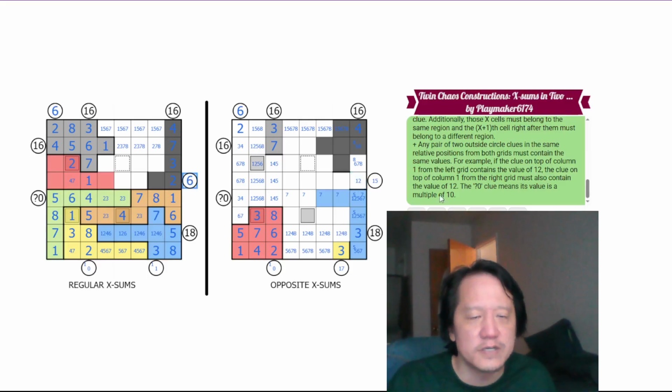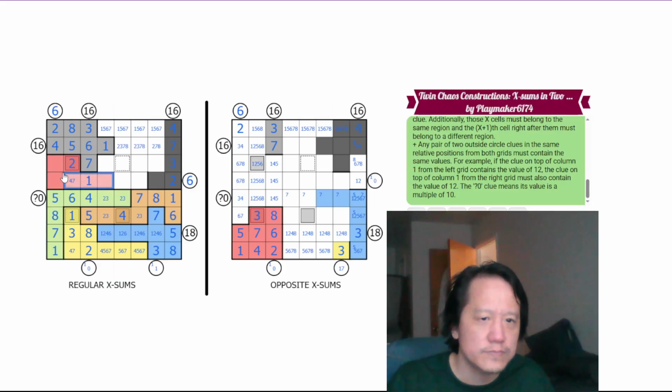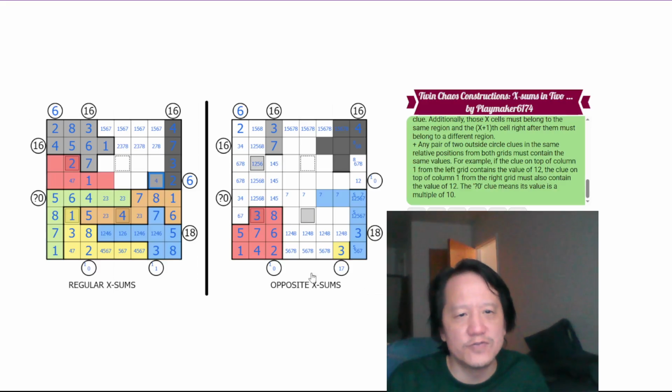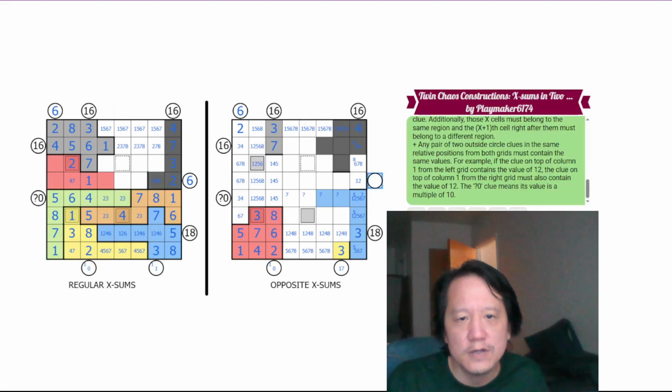So this could be 6 at minimum and 10 at most. This has to be at least 4. 4, 5, 6, 7, 8. No 7 or 8 possible here because of 7 or 8 in the column. So this is 6 to 8 here. So this can't even be 10. It has to be 8 at most.